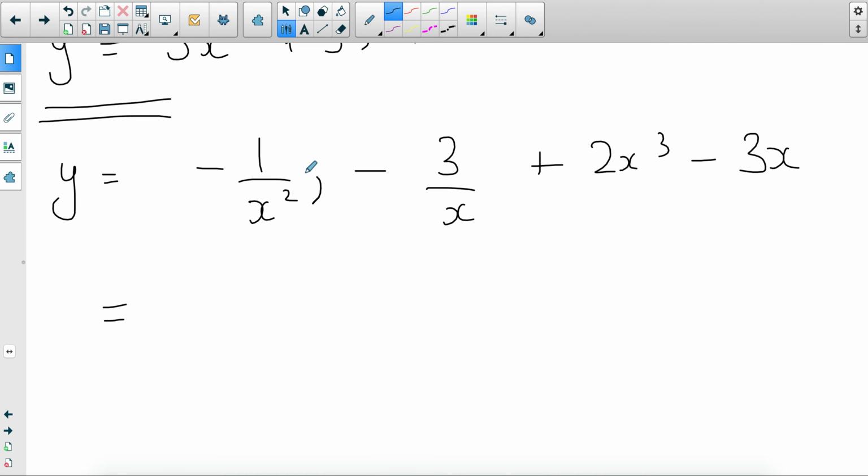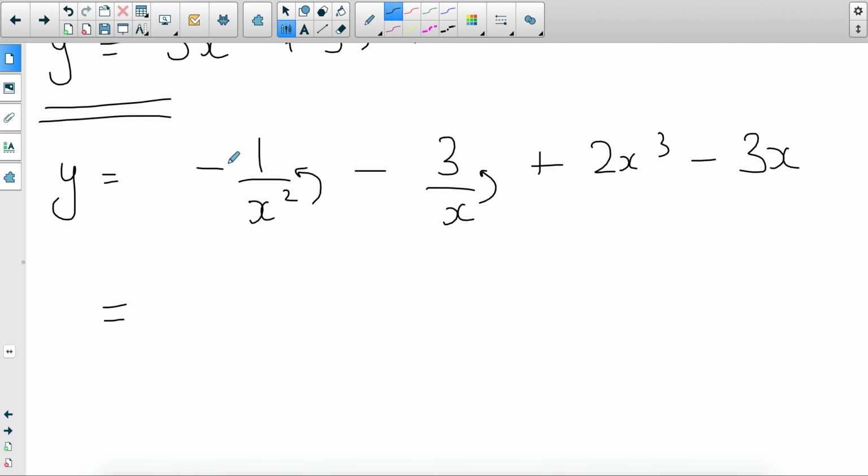So if I bring this up and bring this up, we're only bringing the variables, we're not swapping the fraction, we are not changing the signs or anything. We're just taking the variable, even if there's a number here, say 2, we're not moving the 2. We're only moving the variable, the letter. When you move it up, I'm not going to get into the technicalities of the laws of indices, you change the sign of the power to a negative.